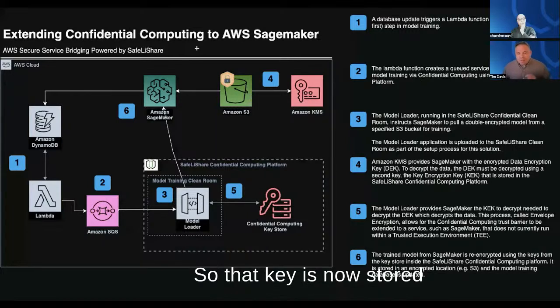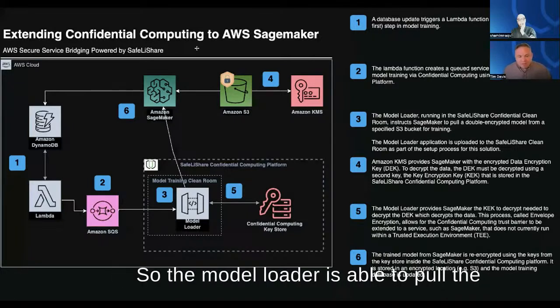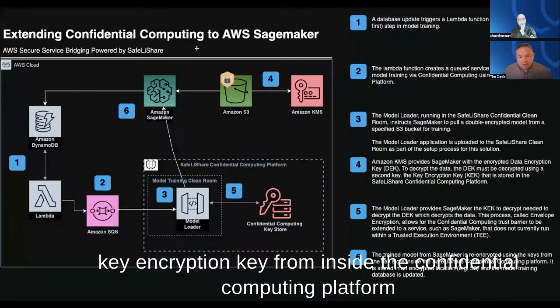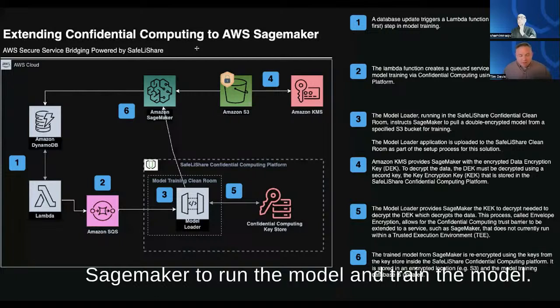So that key is now stored inside the confidential computing key store. That's step number 5. So the model loader is able to pull the key encryption key from inside the confidential computing platform and then provide that to SageMaker to allow SageMaker to run the model and train the model.